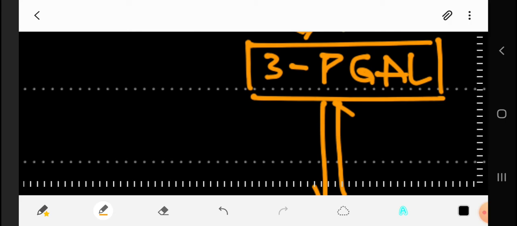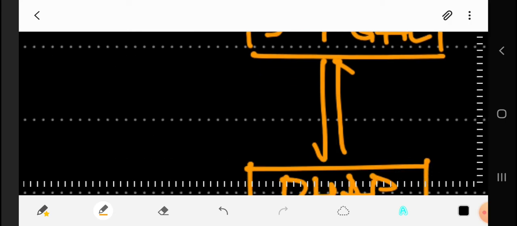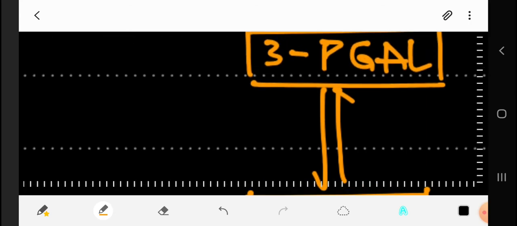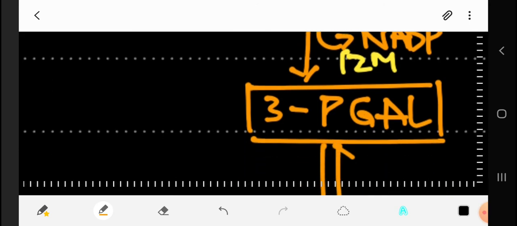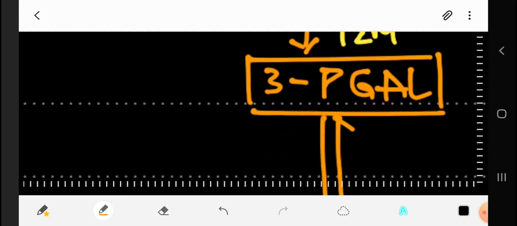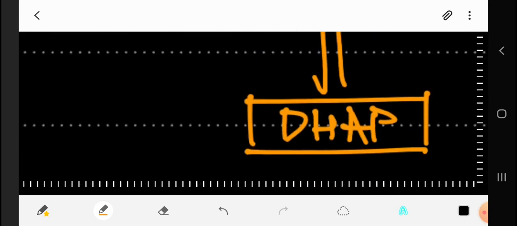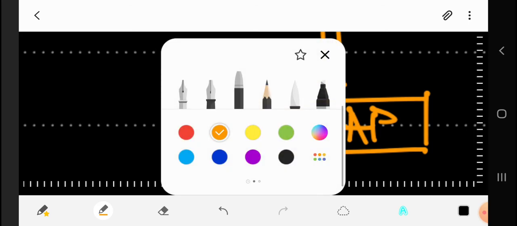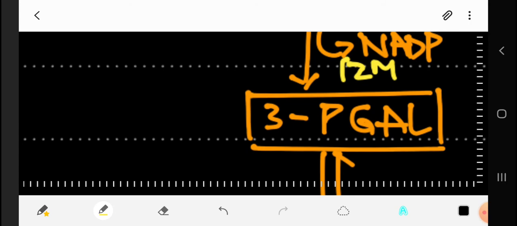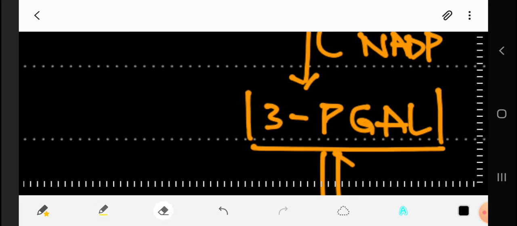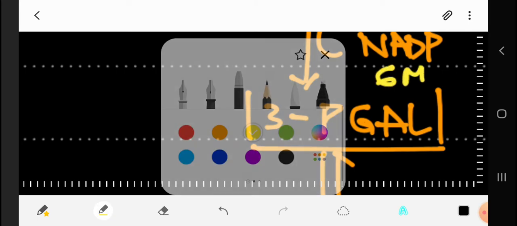Just for now, remember that the 12 molecules we had somehow get converted to 6 molecules of PGAL and 6 molecules of DHAP. So now let me write that. This will be 6 molecules. This also will be 6 molecules.